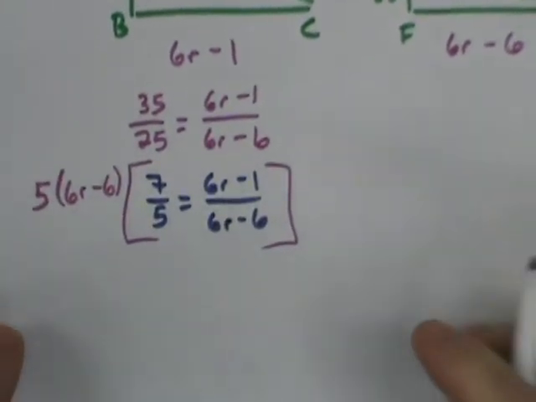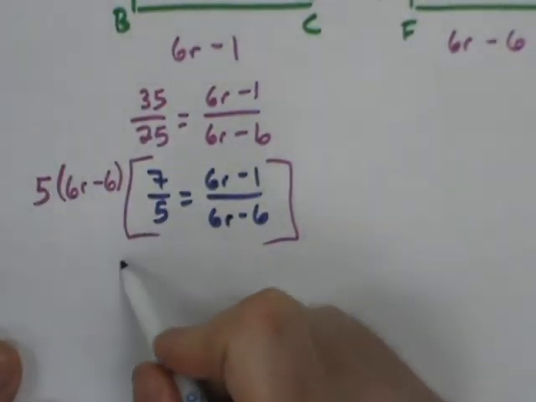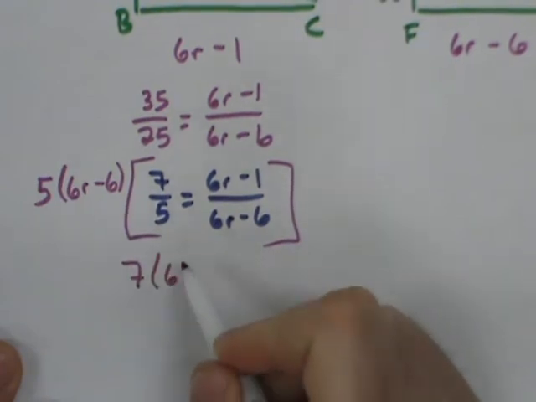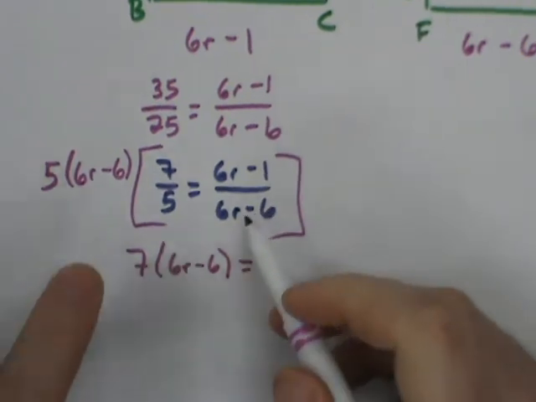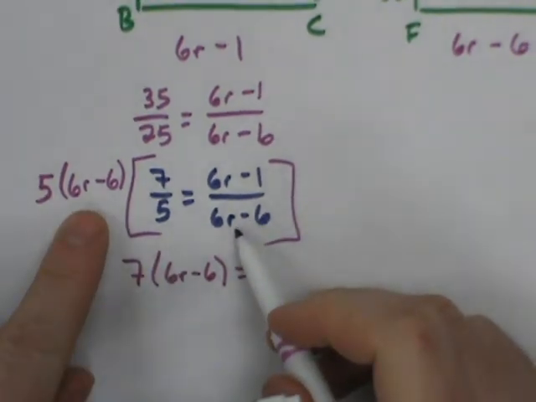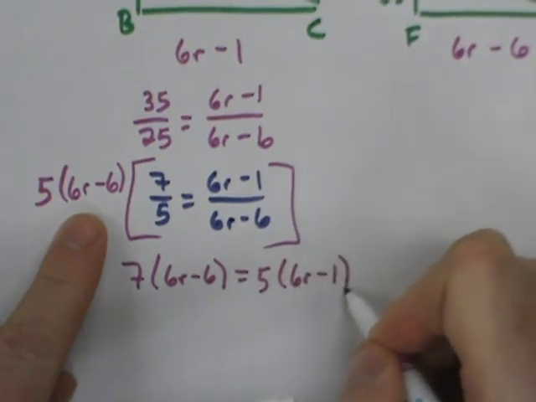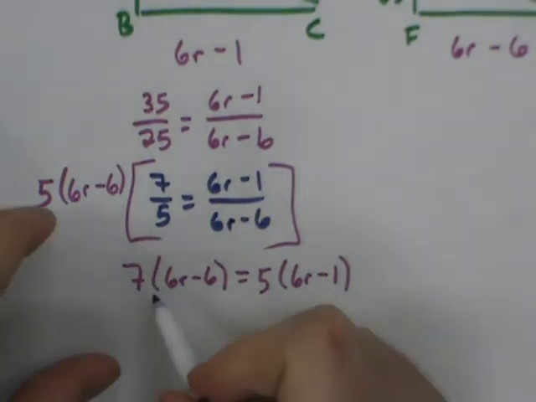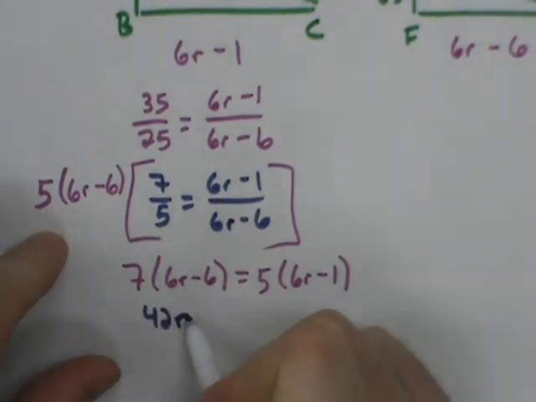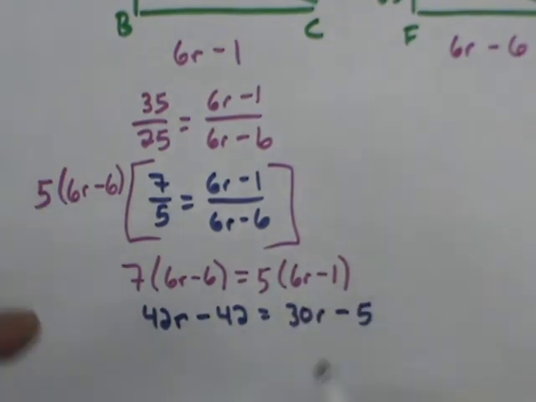And as I distribute this, the 5's would cancel out on the first distribution, and I would have 7 times 6R minus 6. For the second distribution, the 6R minus 6 would cancel out, so I'd have 5 times 6R minus 1. Now I want to solve this. As I solve it, this would give me 42R minus 42 is equal to 30R minus 5.